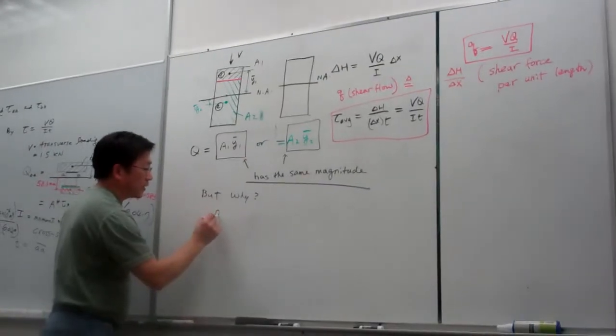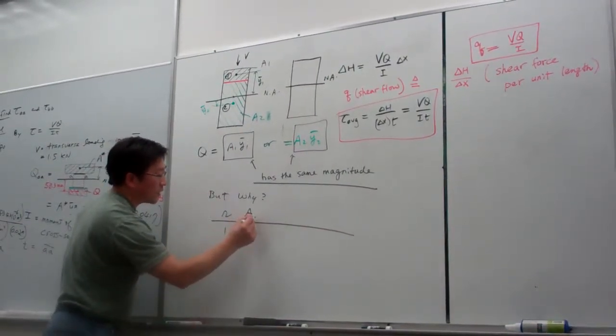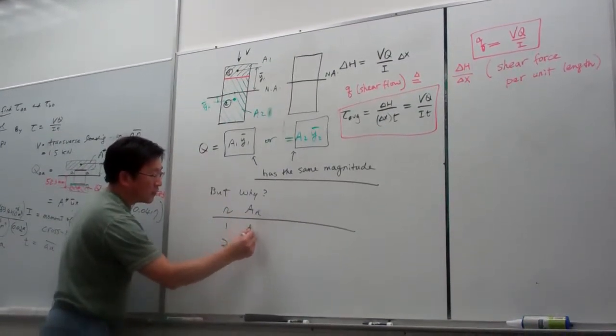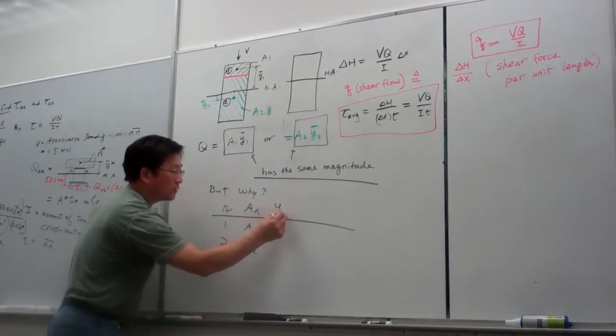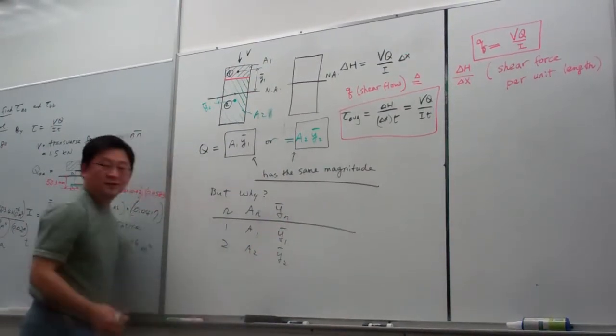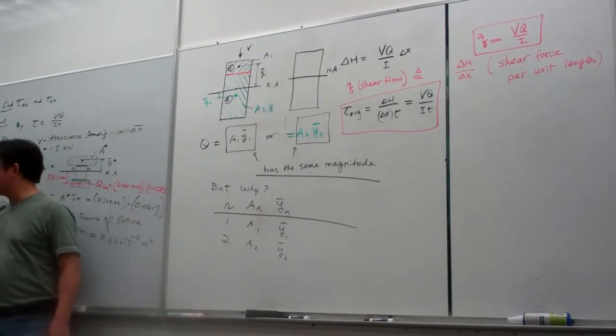Let me label it: N, 1, 2. For this one, that is A1, for this one, that is A2. And for Y bar, that is Y1 bar, that is Y2 bar. That's the tabulation you use to calculate the centroid of the cross section.